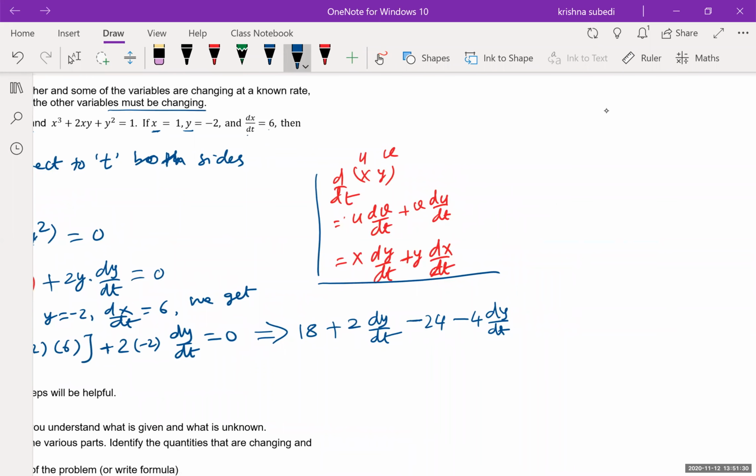This equals 0, so 2 dy over dt minus 4 dy over dt gives -2 dy over dt equals -24 plus 18, which is -6, so +6 on this side. So your answer, dy over dt, is going to be -3.